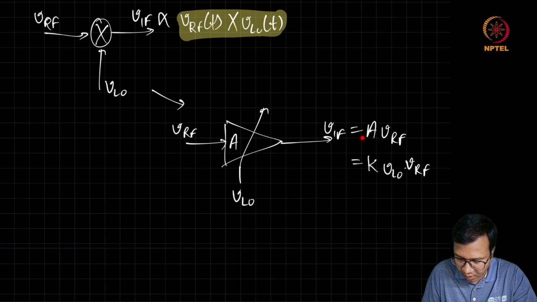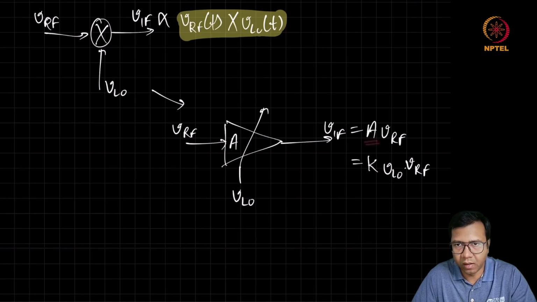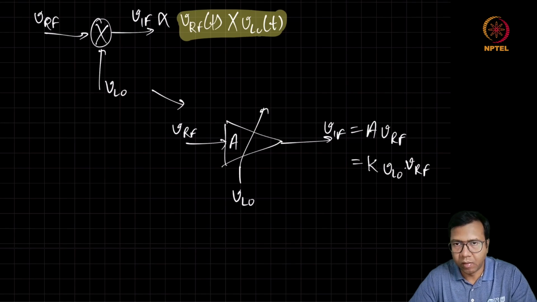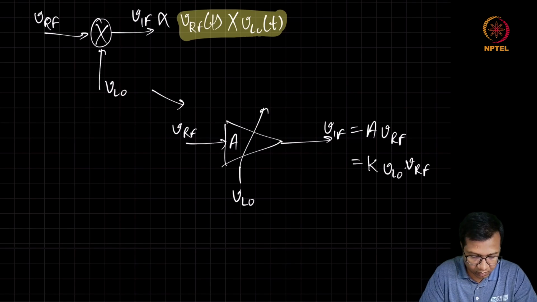And this gain need not actually be some amplification. It can as well be an attenuation. As long as the attenuation is a function of VLO, we will be able to implement this multiplication operation.